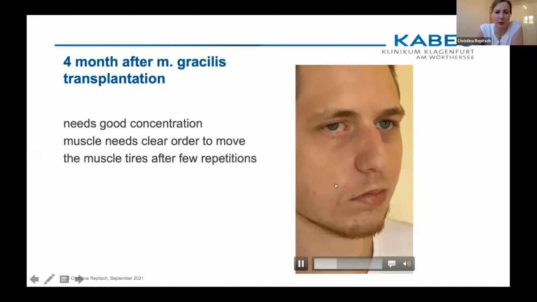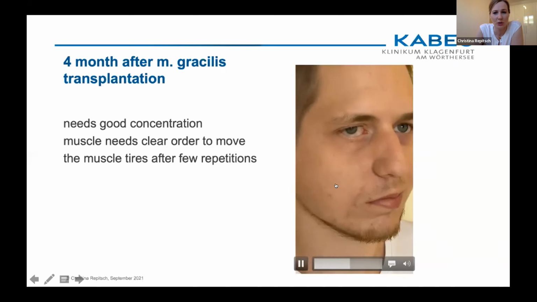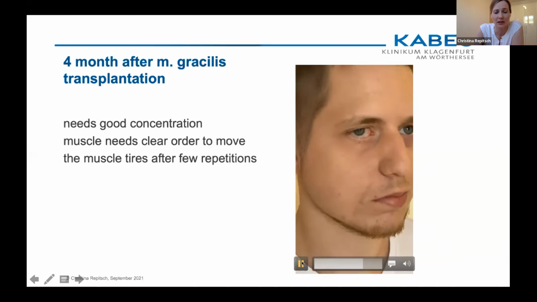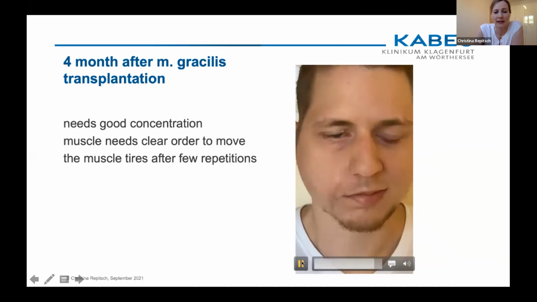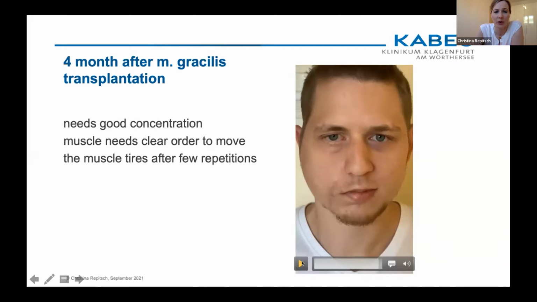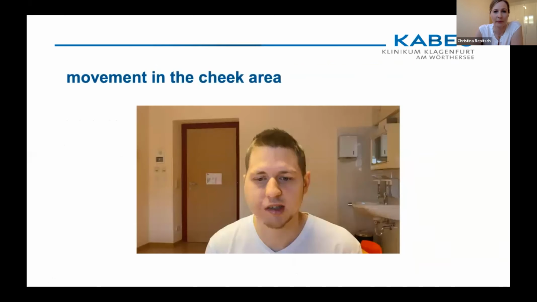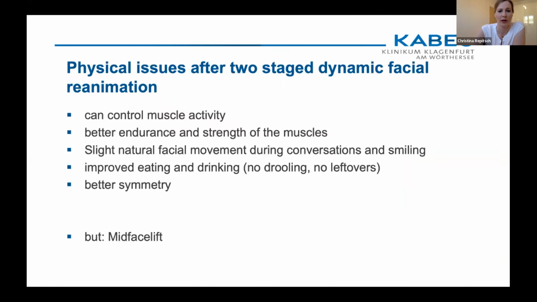So this is a slight movement, but he needs good concentration to activate the muscle, and the muscle needs a clear order to move. And after a few repetitions, the muscle tires, so he needs to take a break. So the physical issues after the two-stage dynamic operation were that the patient was able to control the muscle activity.